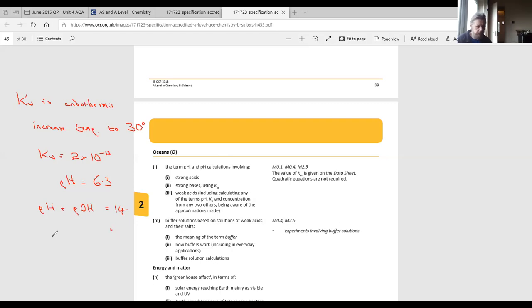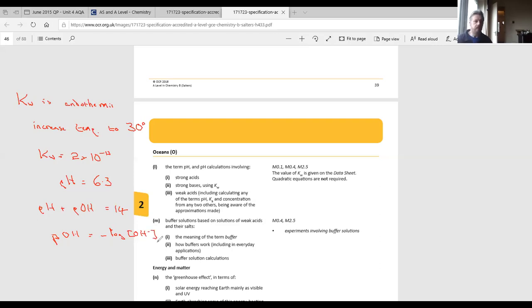So pOH is minus log to the base 10 of OH minus. When students laugh at me because I'm writing, I just say, you try writing on it, it's slow. So it's minus log OH minus, that's the only difference.